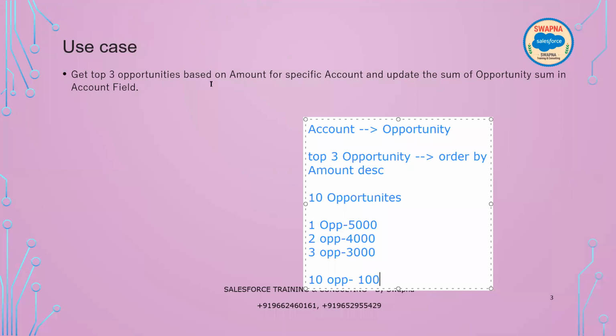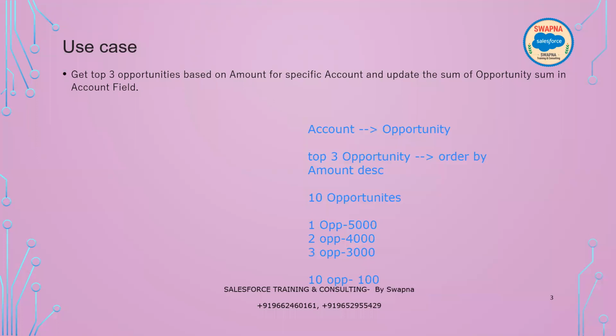Get the top 3 opportunities based on the amount for a specific account and update the sum of opportunities in the account. So sum all of this, and we get $12,000.